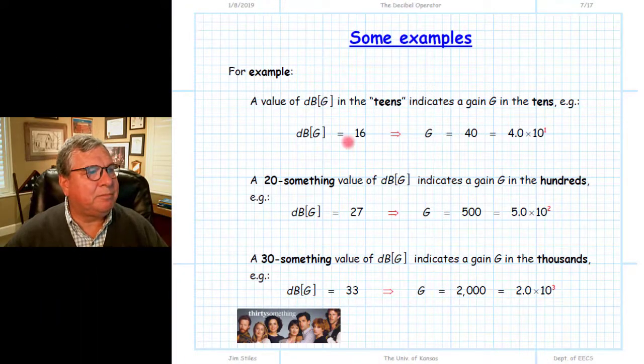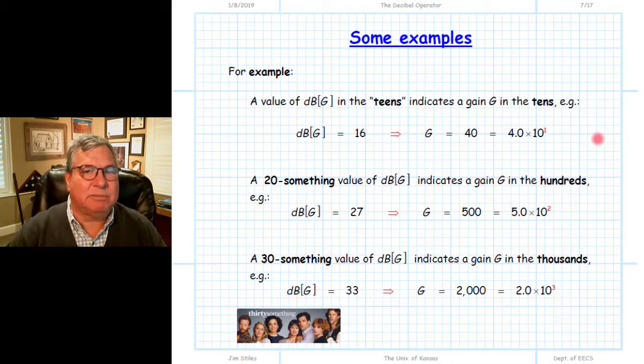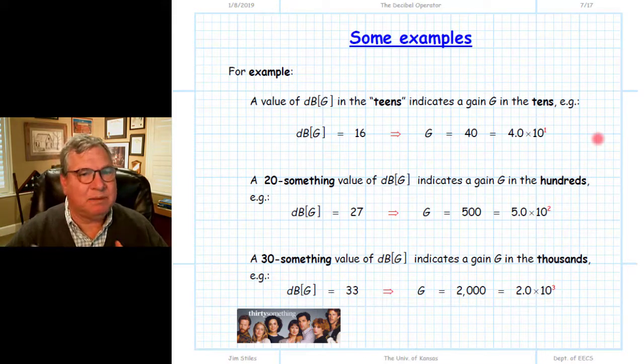So, for example, if we had a value of gain when expressed in the decibel operator in its teens, that means we have a gain that is in the tens, somewhere between 10 and 100. 20-something, 30-something, 40-something in terms of the actual gain will always result in a gain when expressed in decibels in the teens. 12 dB, 15 dB, 18 dB.